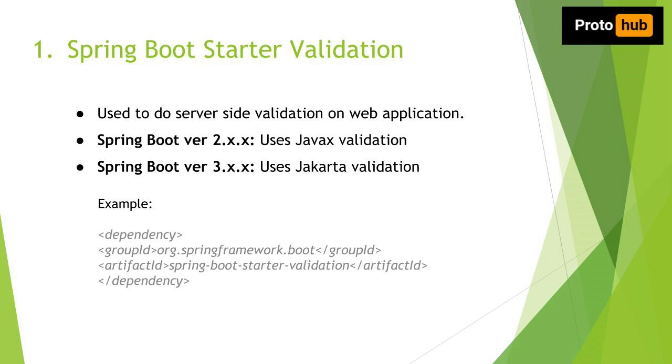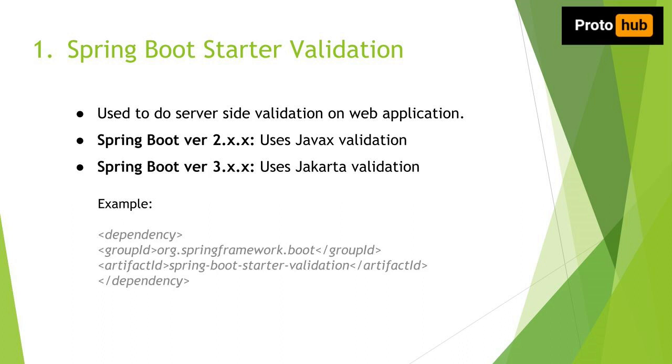The next most popular dependency is Spring Boot starter validation. It is used to do server-side validation on the objects. For example, people may be using some tampering tools like Postman or Fiddler to tamper the incoming API requests, and they may remove a parameter or make the parameter's value blank.